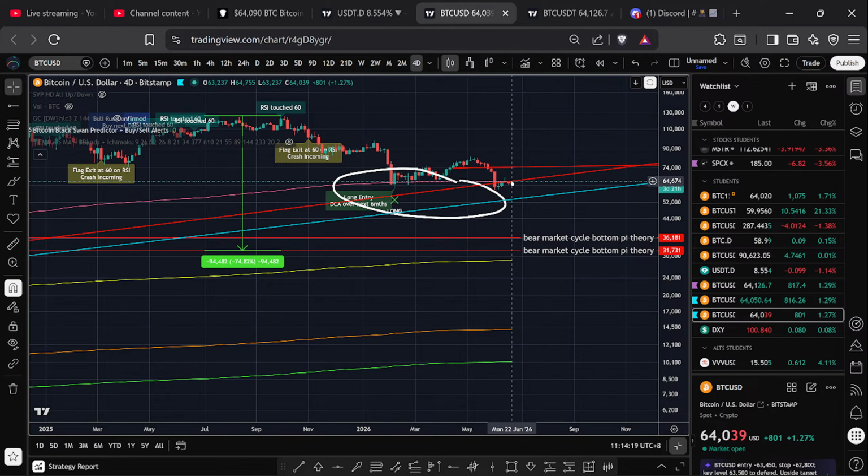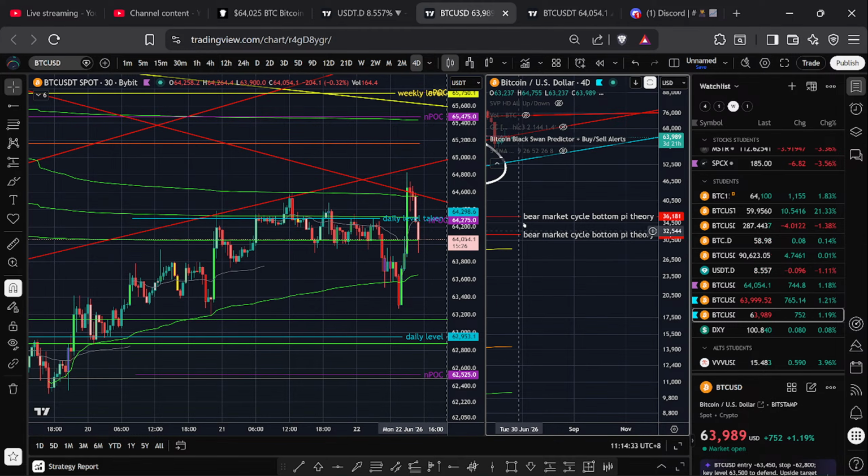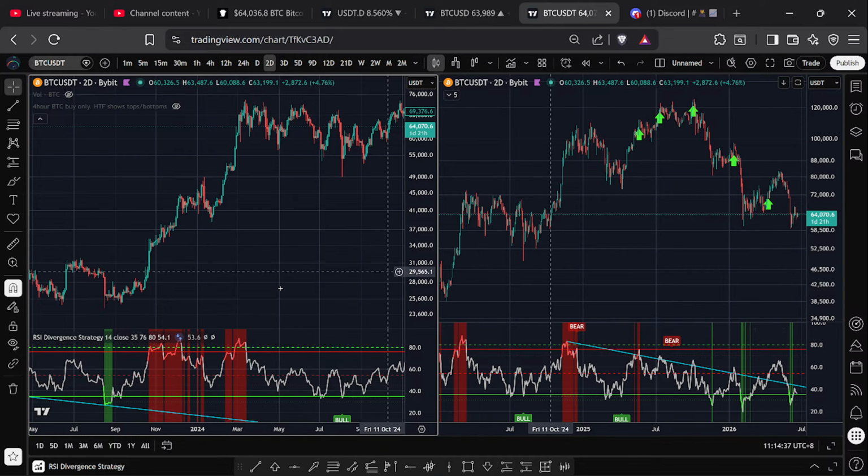You can see here it's trying to get back above. The moment this gets back above this VWAP, I think that means the bottom's probably in. We'll have a look at that in a sec.